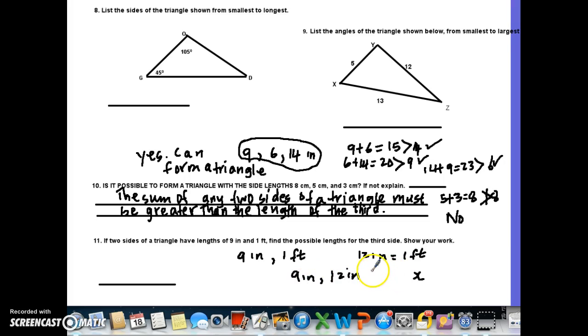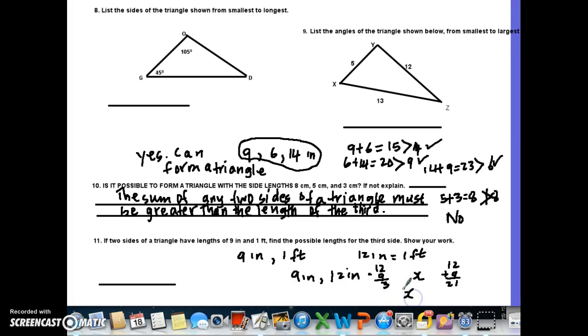So your low end you get by saying 12 take away 9, that will give you 3. And your high end, or your ceiling, you get by adding these two. So 12 plus 9 will give you the maximum that you can have, and that is going to be 21.